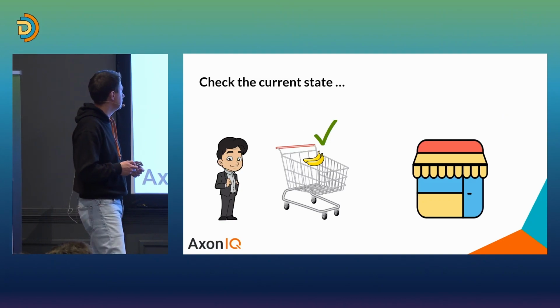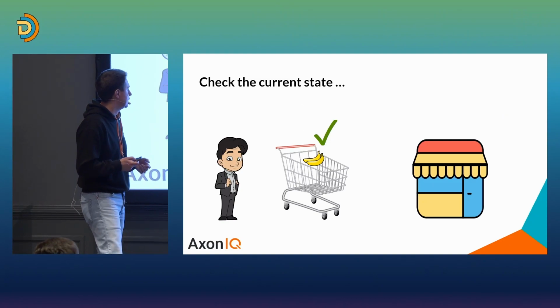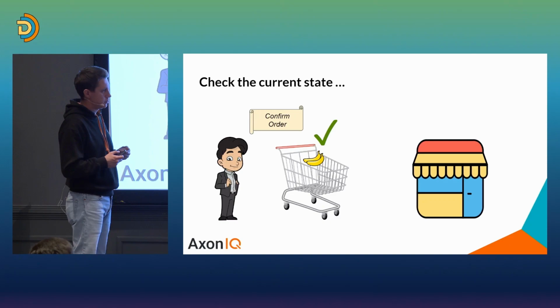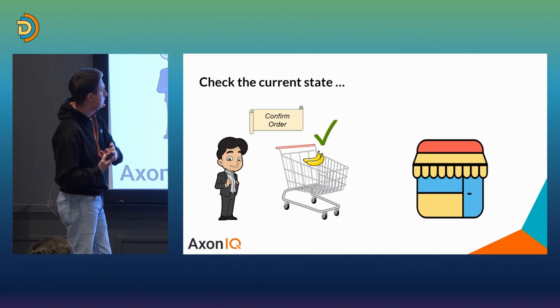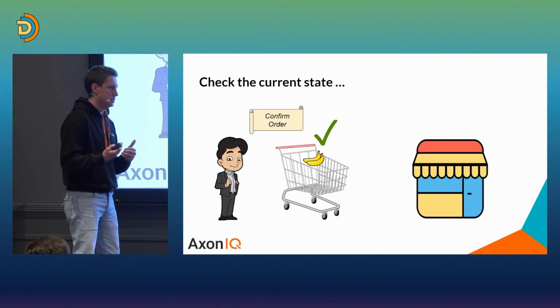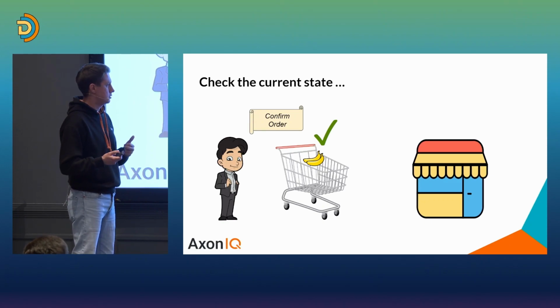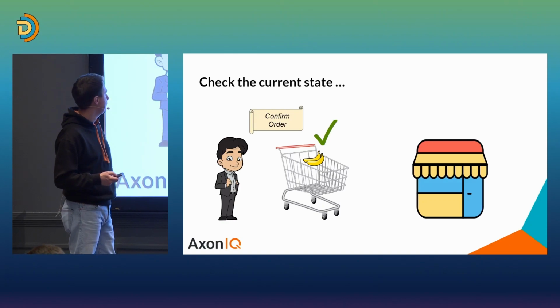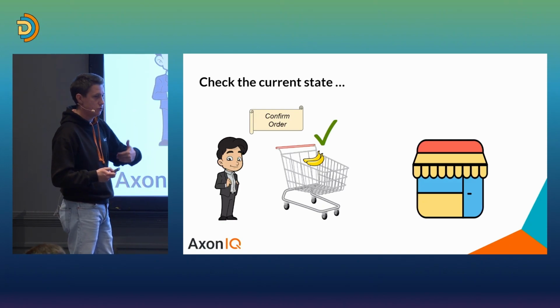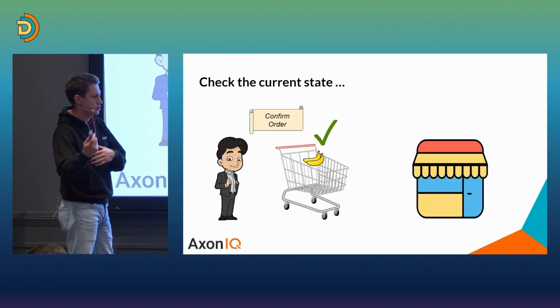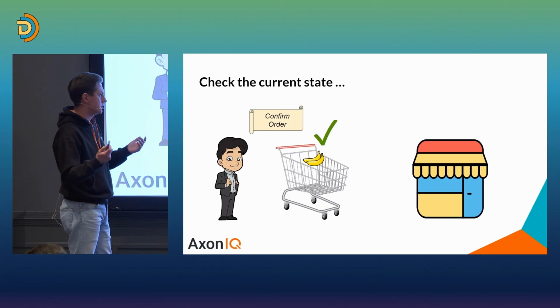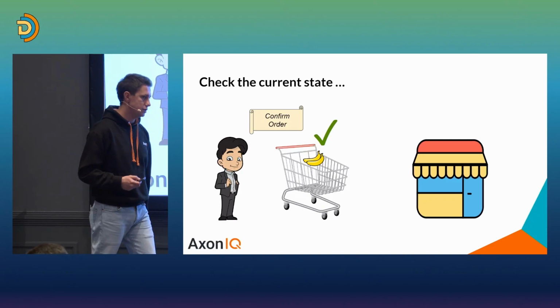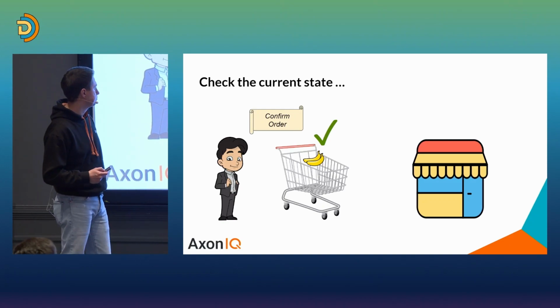If for some reason we receive the confirm order command again, we are just going to check the state, see that it is already confirmed, and put this message aside. We are not going to handle it again or publish an event again, because it makes no sense and it could lead to some inconsistency in the system.